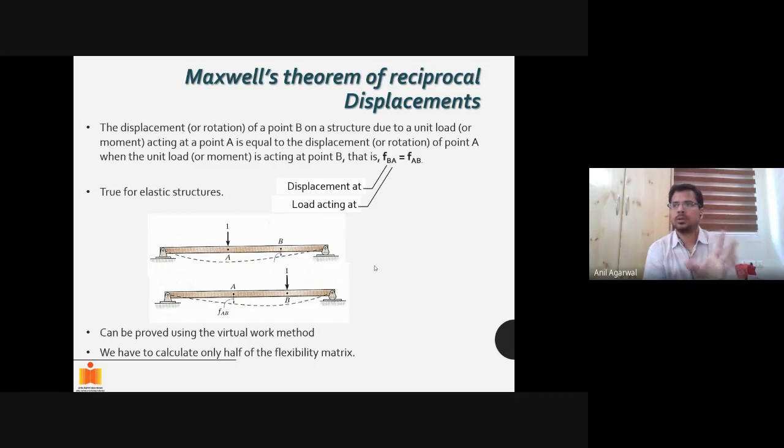If you know that you are doing it right, you can just solve half of it, and the remaining half you can assume to be correct. Or otherwise, you can solve the entire flexibility matrix and match whether your non-diagonal terms are coming out to be equal or not. The matrix terms are to be symmetric.